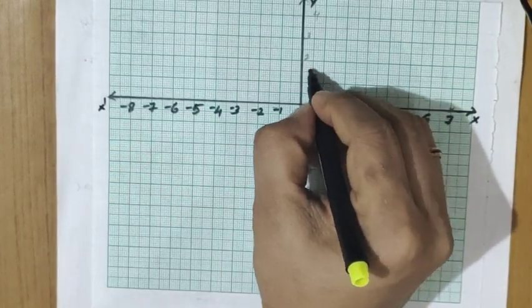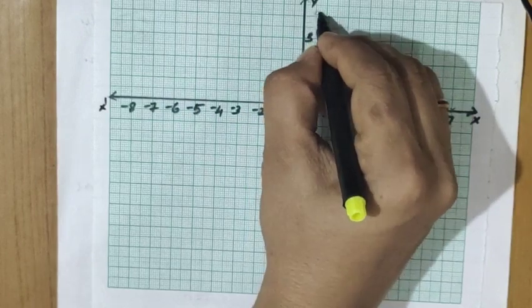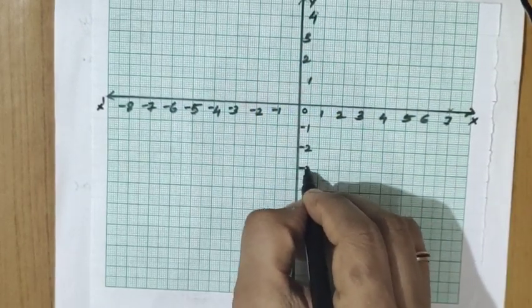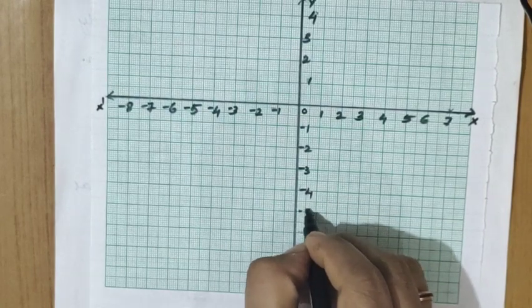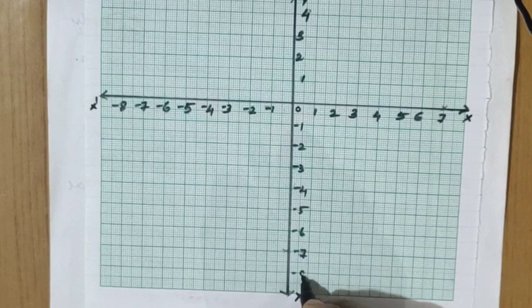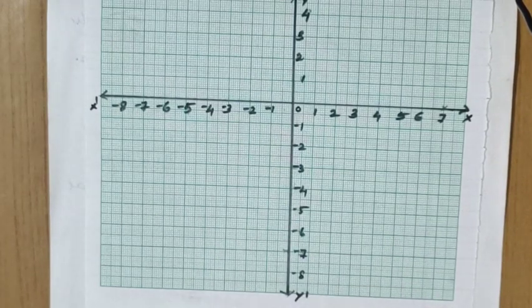Here also 1, 2, 3, 4 all positive, -1, -2, -3, -4, -5, -6, -7 and -8. Now I know that you know how to draw the graph.